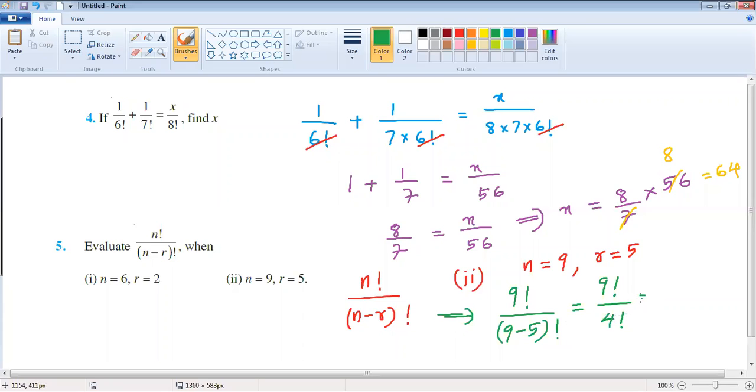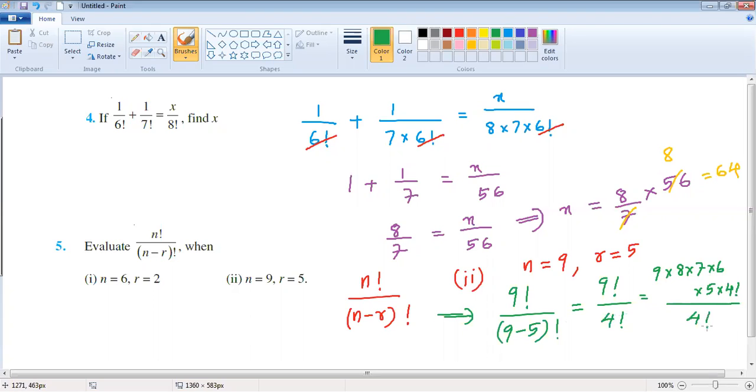So 9 factorial can now be written as 9 into 8 into 7 into 6 into 5 into 4 factorial. The remaining 4 into 3 into 2 into 1 can be written as 4 factorial.